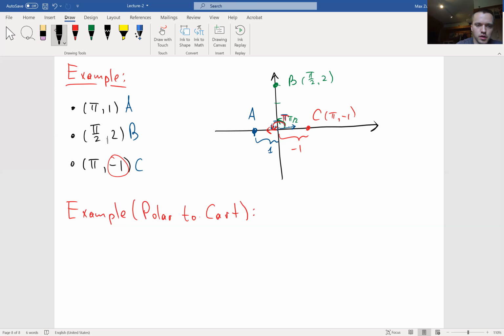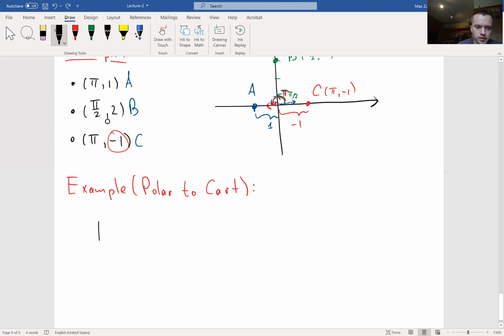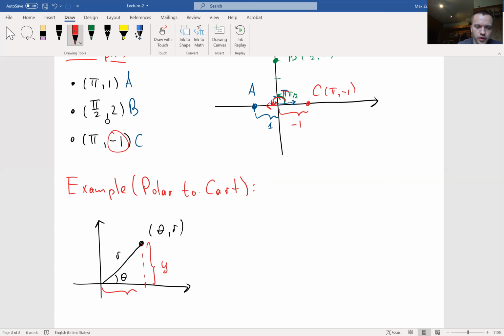Let's find the corresponding Cartesian coordinates of points A, B, and C. For that, remember that if we have this point, let's say theta and r, can anyone tell me how to find your y component and how to find your x component? What is going to be your x and what is going to be your y?